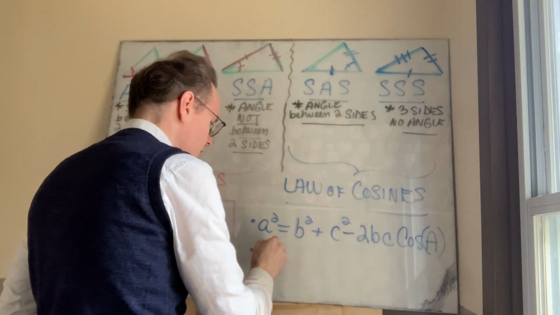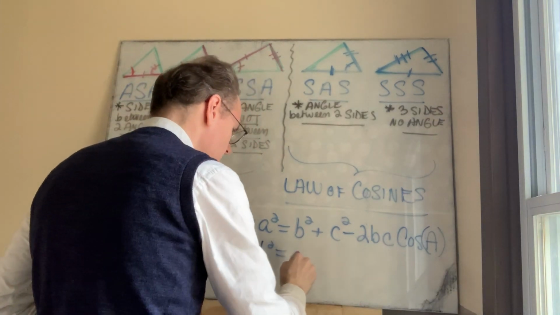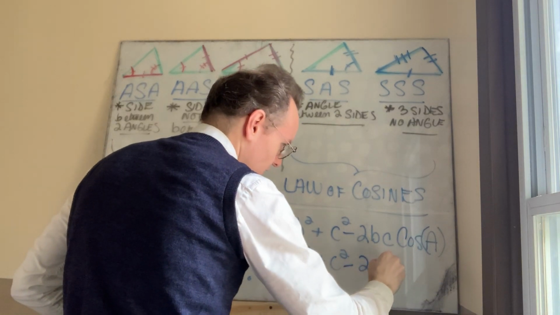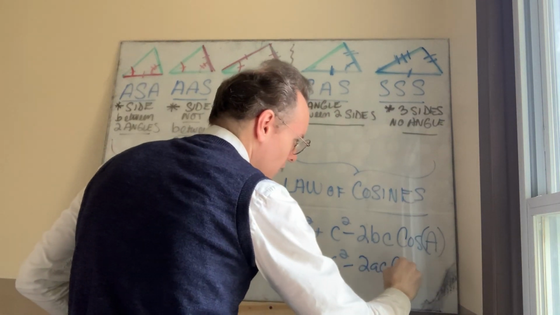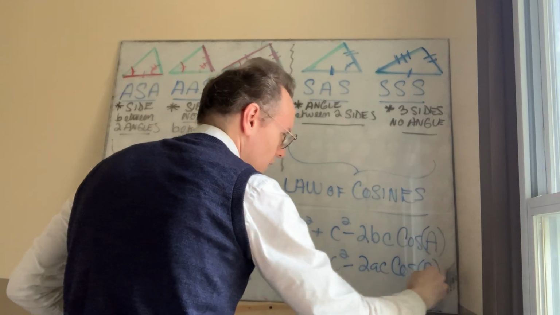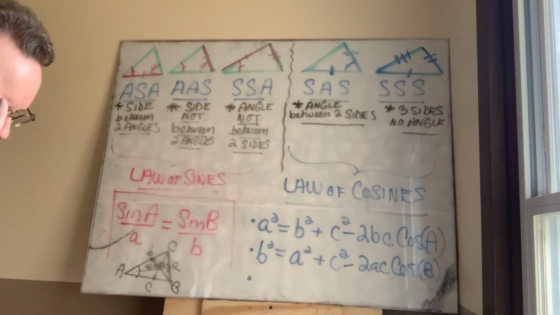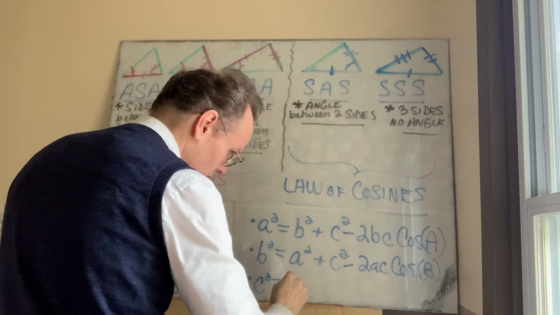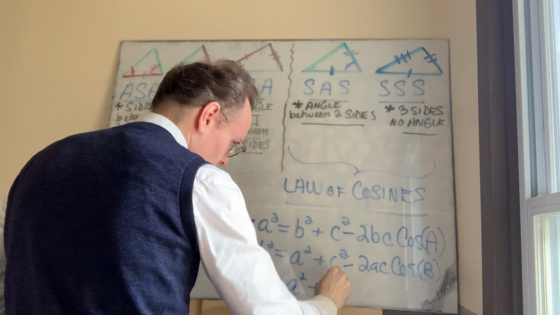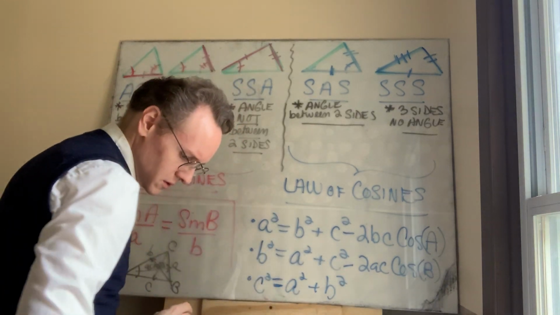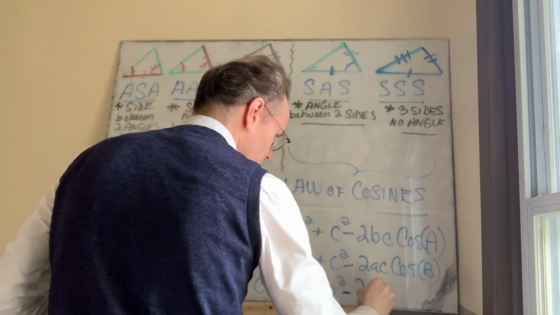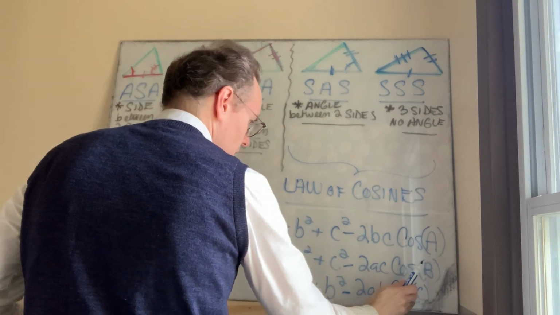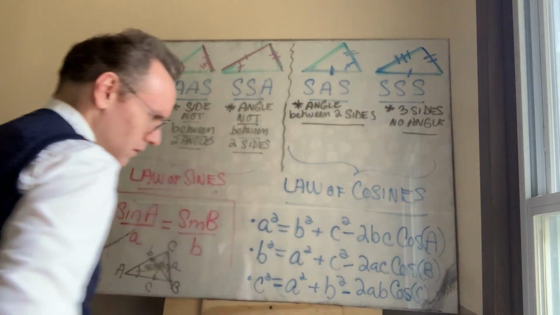Okay. b squared would be this arrangement: a squared plus c squared minus 2ac cosine of B, angle B, and c squared is a squared plus b squared minus 2ab cosine of C. Okay.